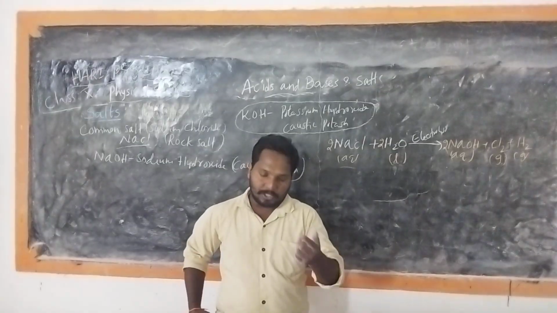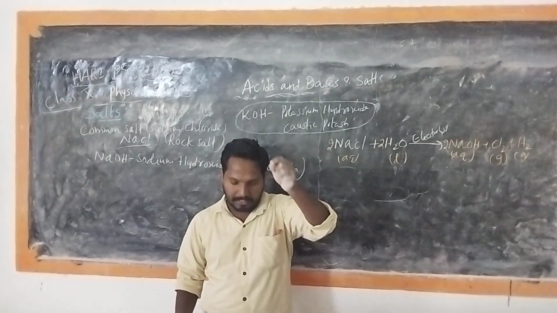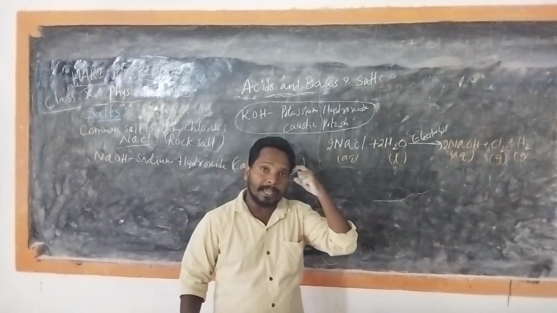During electrolysis, chlorine gas is produced at the anode. What is the anode?